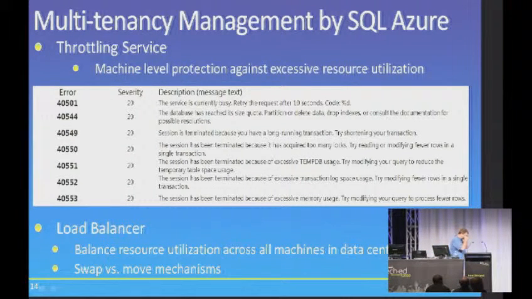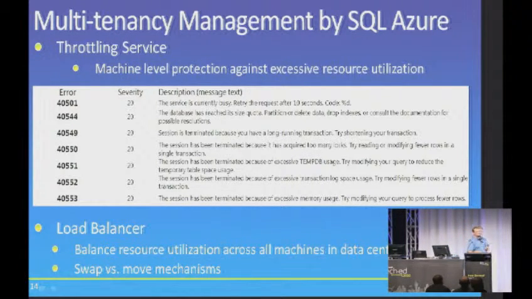So inside SQL Azure, we have 2 things that you need to be aware of. We have a throttling service and a load balancer. And the load balancer has 2 different mechanisms. One's called a swap, and the other one's called a move. So if SQL Azure notices that a single database tenant is consuming all the resources on the box, first thing it will do is start to slow that guy down until the peak subsides.